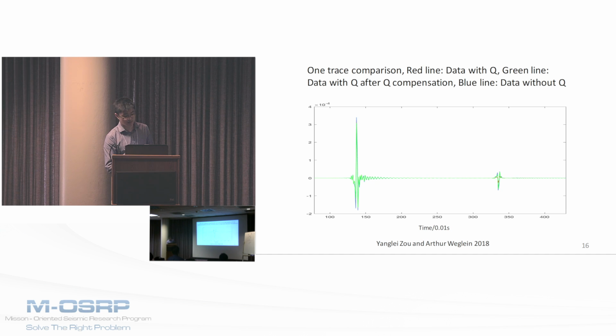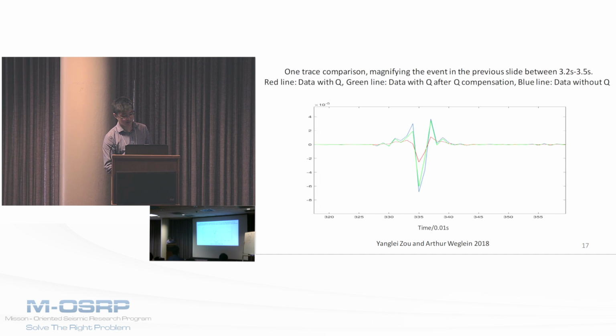The red line shows the second primary in the data with Q. The green line is the data with Q after Q compensation. And the blue line is the second primary generated from the model without Q. We can see that after Q compensation, the green line looks very similar to the data without Q.